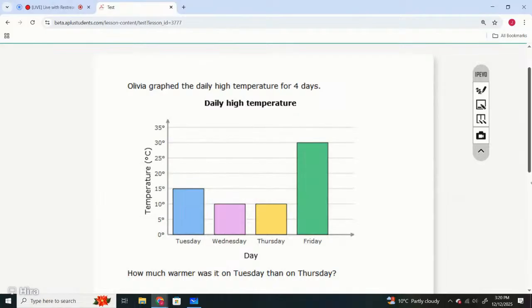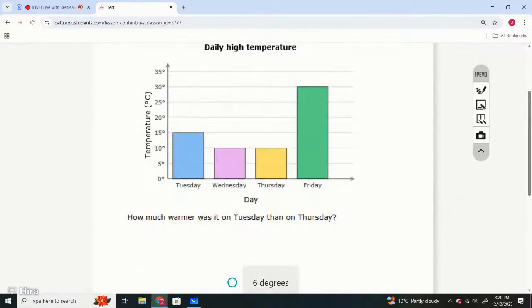How much warmer is Tuesday than Thursday?